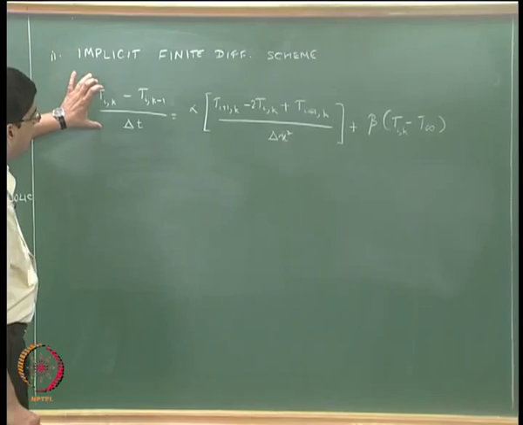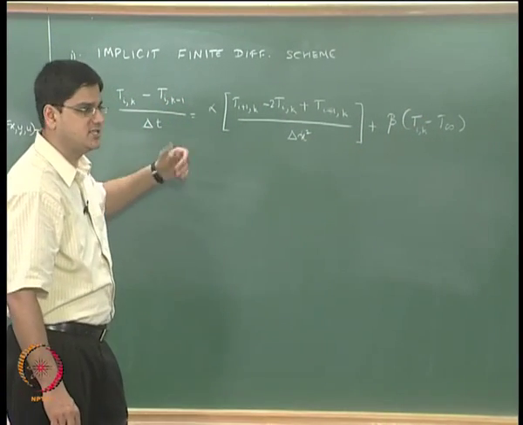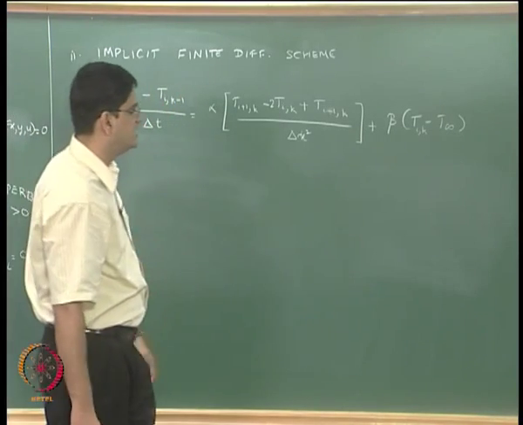So now this particular equation is not an explicit equation, but the Ti comma k is given implicitly by this equation.